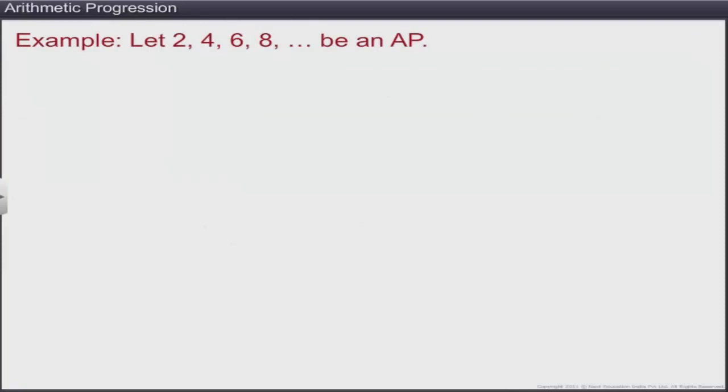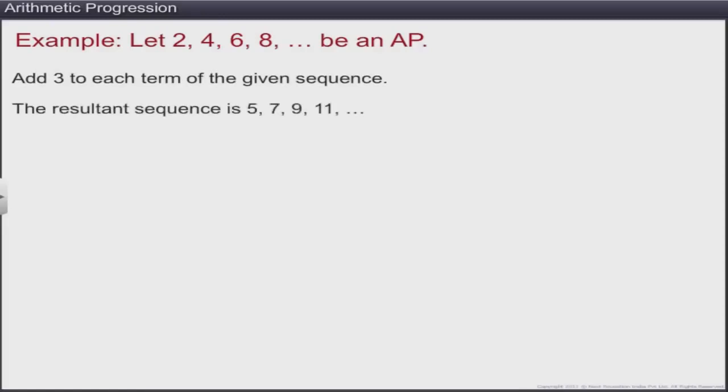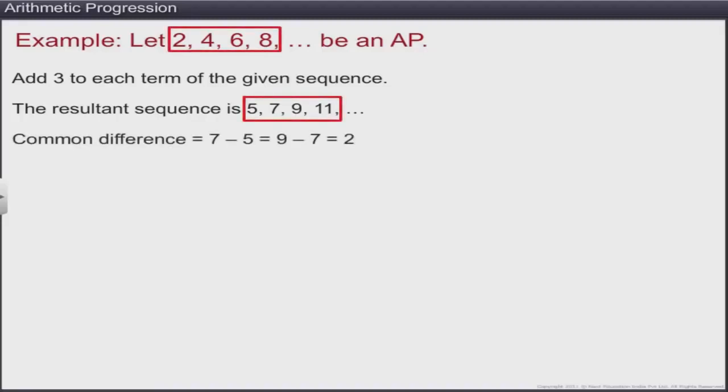On adding 3 to each term of the given sequence, the resultant sequence is 5, 7, 9, 11, and so on. Observe that the resultant sequence is also an arithmetic progression with the first term 5 and the common difference 2. That is, the common difference of the resultant series is equal to the common difference of the original series.